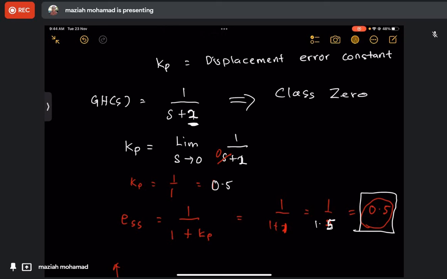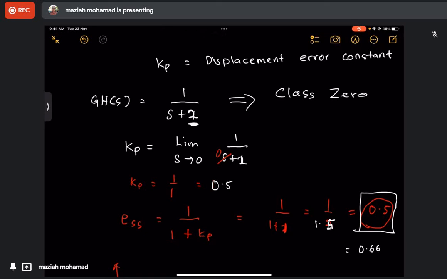And then the error will become 1 minus 1.5 divided by 0.66. The error will become bigger. So the conclusion here, for a class 0, when we apply a step input, it doesn't necessarily have to be a unit step input, there will be a value for the steady state error.